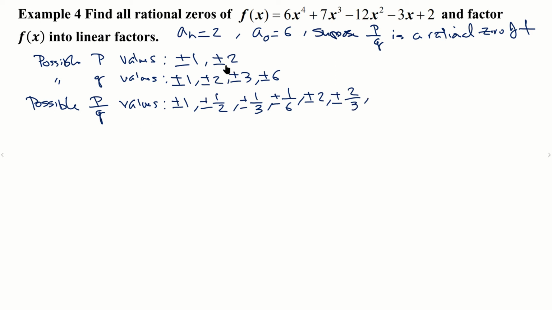And positive or negative 2 divided by positive or negative 6 will give us 2/6, or 1/3, which we've already covered. We don't need to write it again. So there they are. Here you have all the possible values for the rational zeros of this function in reduced form.